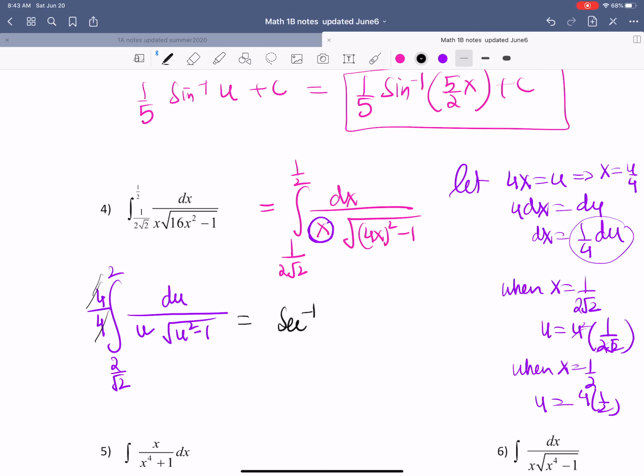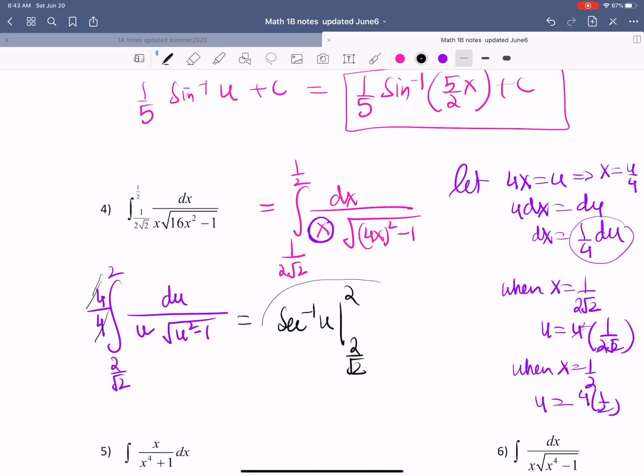So we have secant inverse u, and the bounds are 2 over root 2 to 2. Secant inverse 2 minus, we would plug in the bounds now here, because we did change the bounds to u bounds.